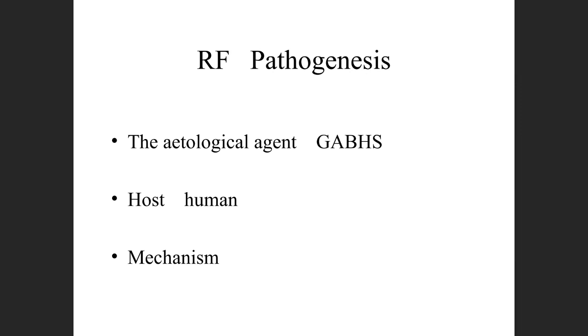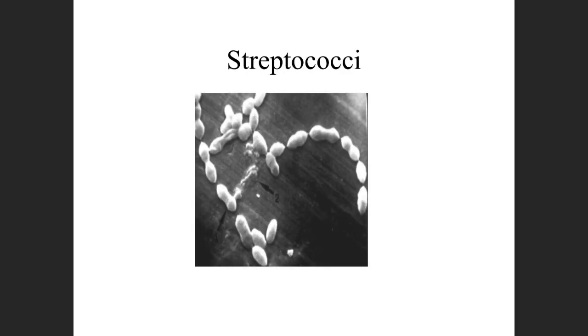The etiological agent is the group A beta hemolytic strep. The host is the human, and the mechanism is not fully worked out. This is an electron microscope picture of the streptococci occurring in chains, which you may be familiar with.